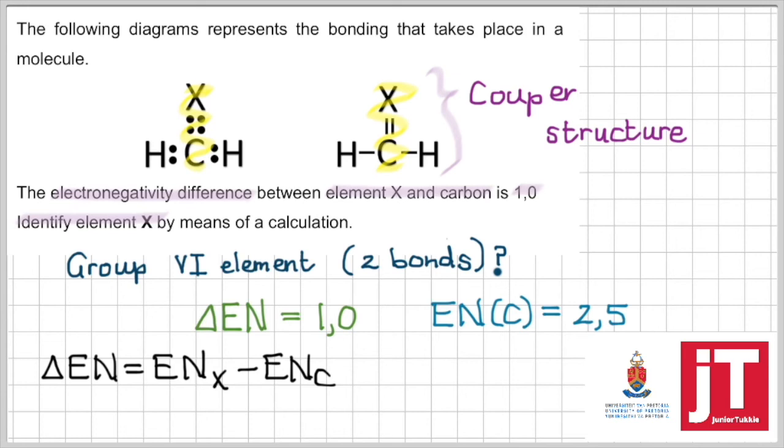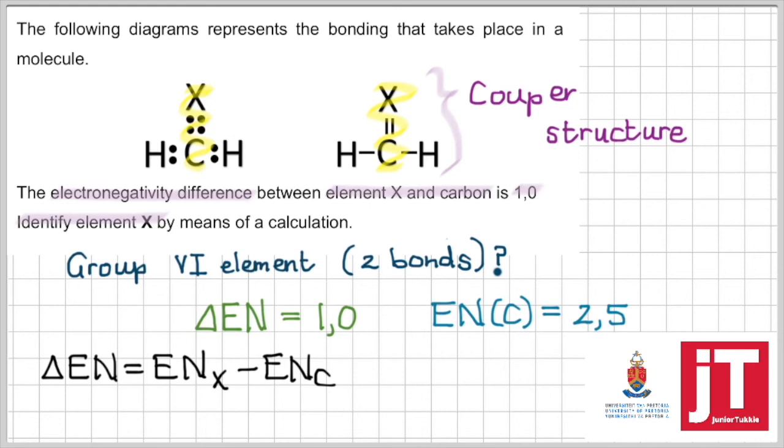Now, how do I know that element X should have the larger electronegativity? Well, remember when we were dealing with the octet rule and the different ways of drawing Lewis diagrams, we said that the central atom is the atom with the lower electronegativity. So that means element X probably has a higher electronegativity than carbon.